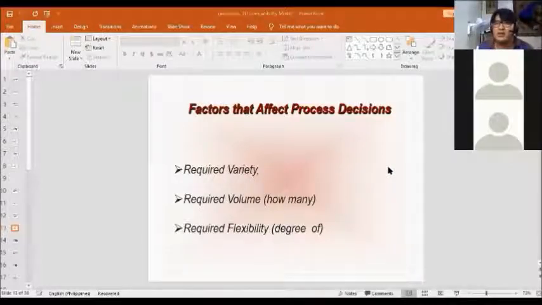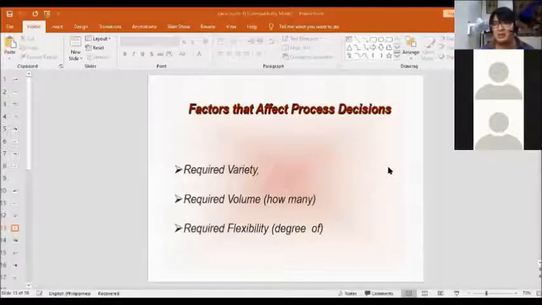So now you have to strategize, and your process decision will change. You might add additional chairs or tables, or like Jollibee, add drive-throughs, because of volume.